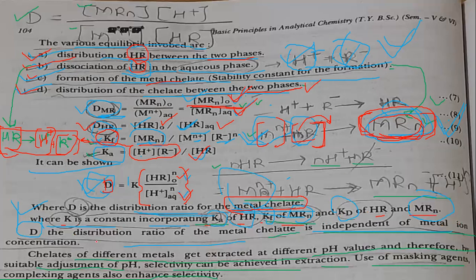So D is the distribution ratio of the metal chelate and is independent of metal ion concentration. Remember this only. I will repeat this equation after finishing the topic. It seems the mistake is from their side; it is not clear over there.